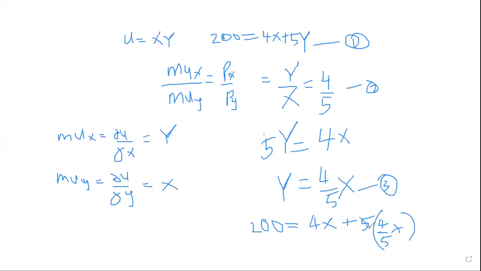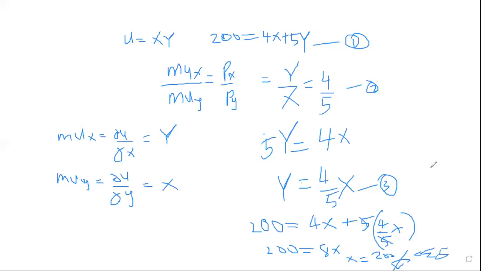So this 5 will cancel this, and therefore you are left with 200 is equal to 4x plus 4x, that is 8x, and therefore x is equal to 200 over 8, and that's what gives you the 25.